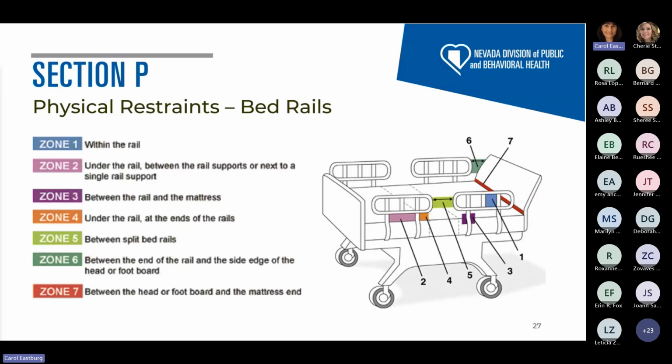People could get, I don't know how they could get their head in there, but they could get their head where you see zone 3 between the rail and the mattress. Everywhere you see a zone, that's where they could get entangled or trapped, resulting in either an injury and or asphyxiation.